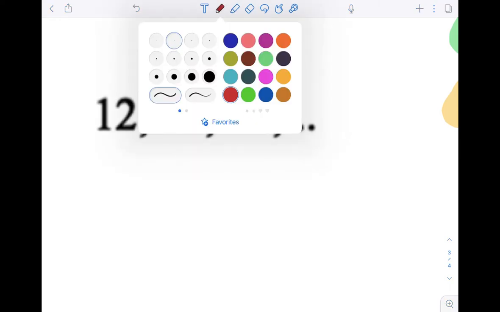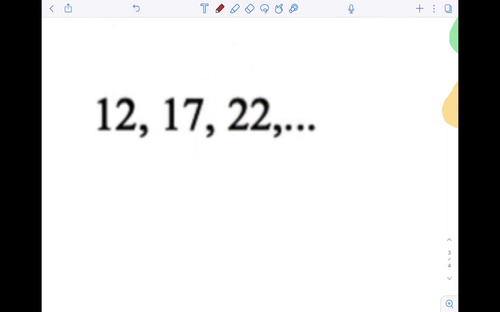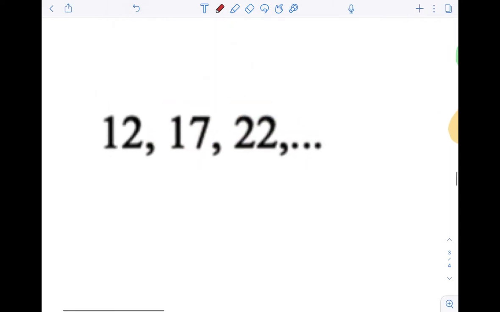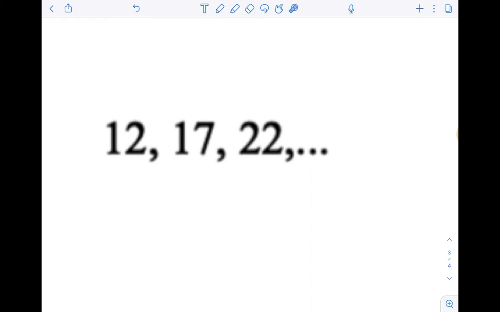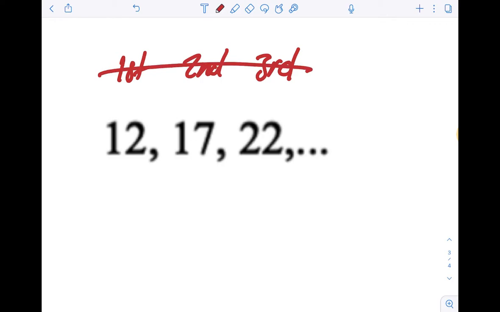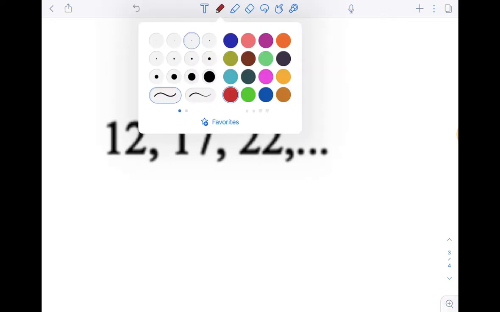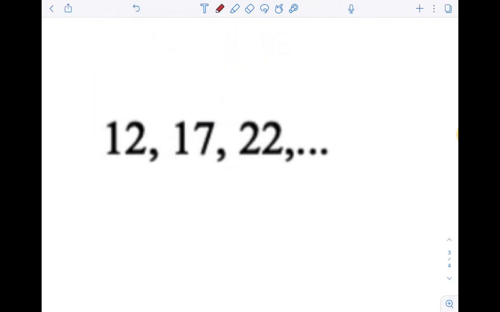Now, we're going to use a special kind of notation in math. Instead of calling these the first number, second number, third number, we're not going to do that. We're going to use a special kind of math writing.